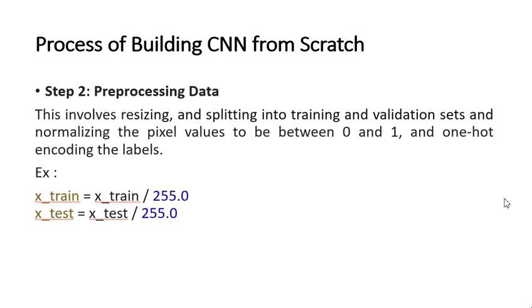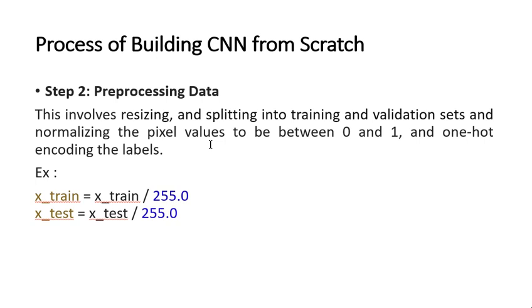So, without any problem from the image, we need to perform the pre-processing to give the input as a clean image. And the normalization of the pixel values will be between 0 and 1, and one hot encoding the labels. For that, generally, for example x_train equals x_train divided by 255. So we are scaling between 0 and 1.